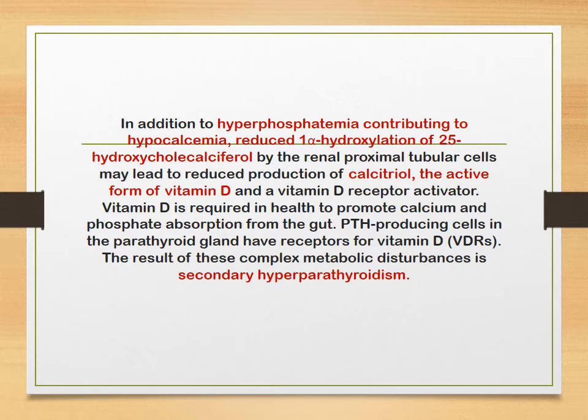Secondary hyperparathyroidism is a characteristic of chronic kidney disease in which there is hypocalcemia and sustained stimulation of parathyroid hormone to correct this hypocalcemia.